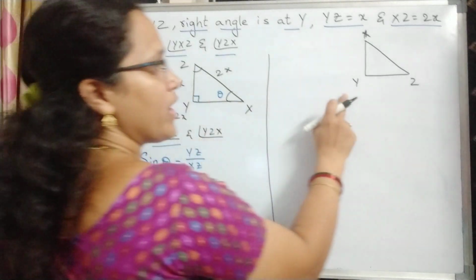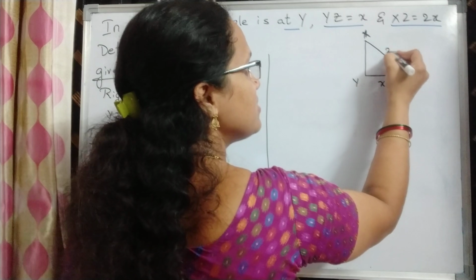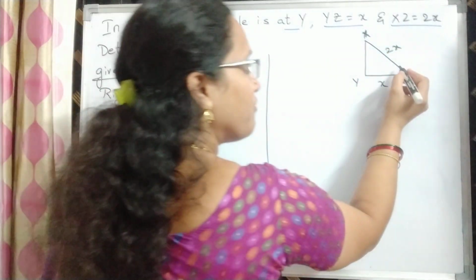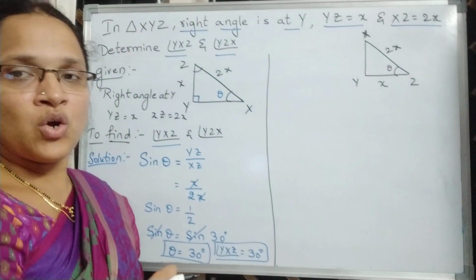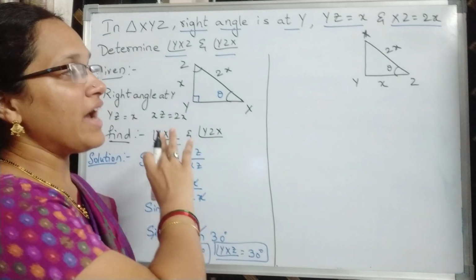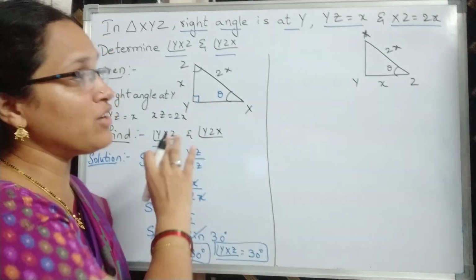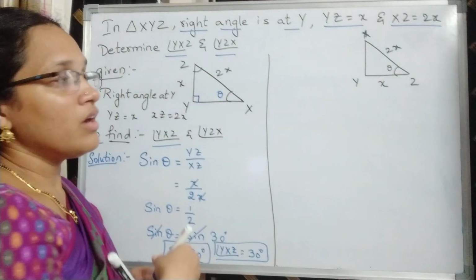YZ is X and XZ is 2X. This is what is known to us, and here we can find theta, that means the value of angle Z. For that reason I changed the vertices without changing the measurements and drew another picture.